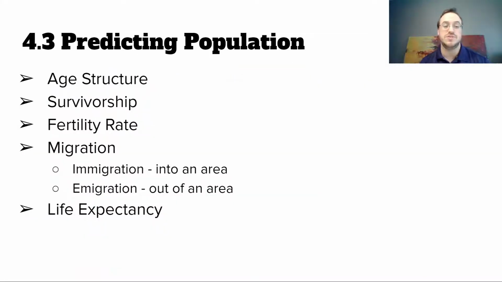Right? But we can use a few different factors to actually inform what we think the population will do. So age structure is one of them. Survivorship is another. So how likely are they to continue surviving and reproducing versus dying?